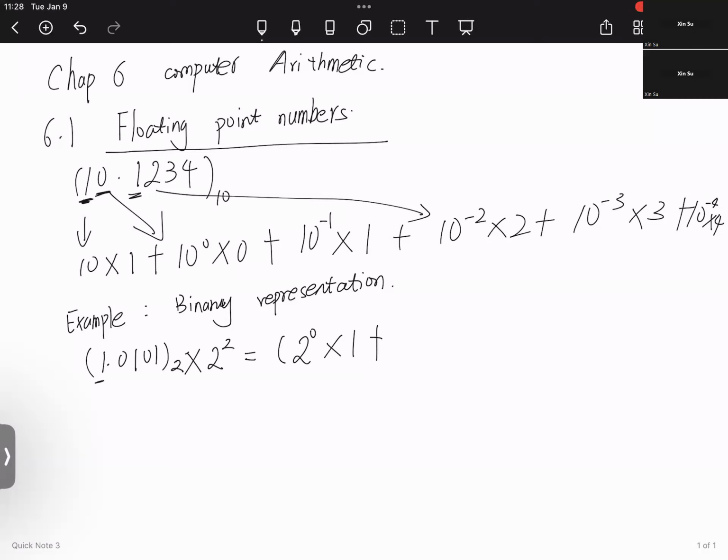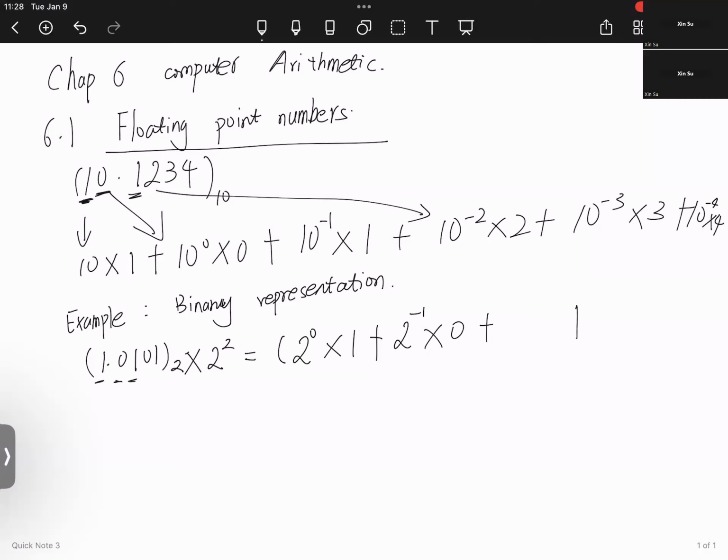For the next place, right after the decimal point, the digit here is 0. This is the first place after the decimal point, so the exponent is not 1, it's negative 1. And the next one is the 1 here.